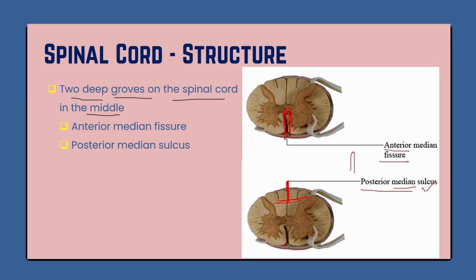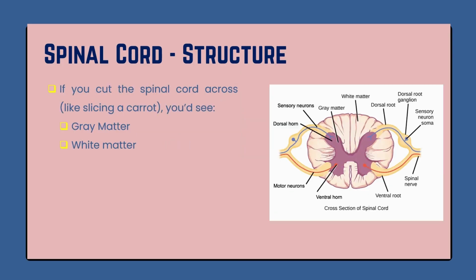Then if you cut the spinal cord across, like slicing a carrot, as I told you, you cut it from here and look from the top, what you see is something like this. We saw the bigger version with all the protective layers. If you remove all the protective layers, this is the actual spinal cord.